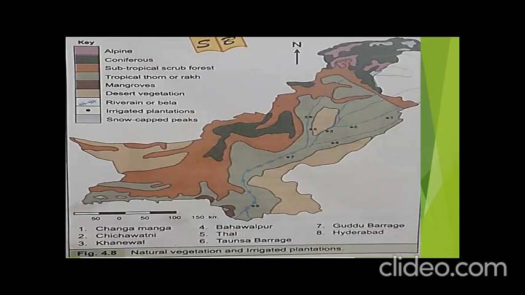One more is located in Chichawatni in Sahiwal district. They are economically, commercially high-yielding varieties. They are planted in the form of linear plantations. The main problem in their growth and maintenance is the shortage of water between November and March.